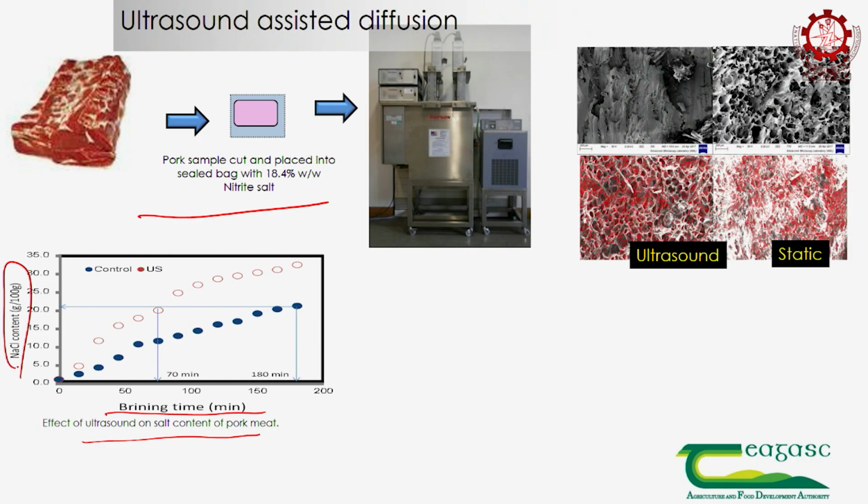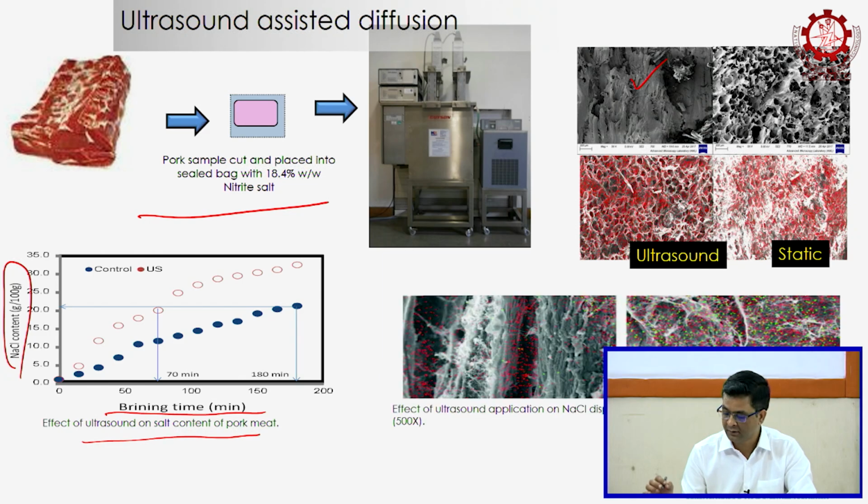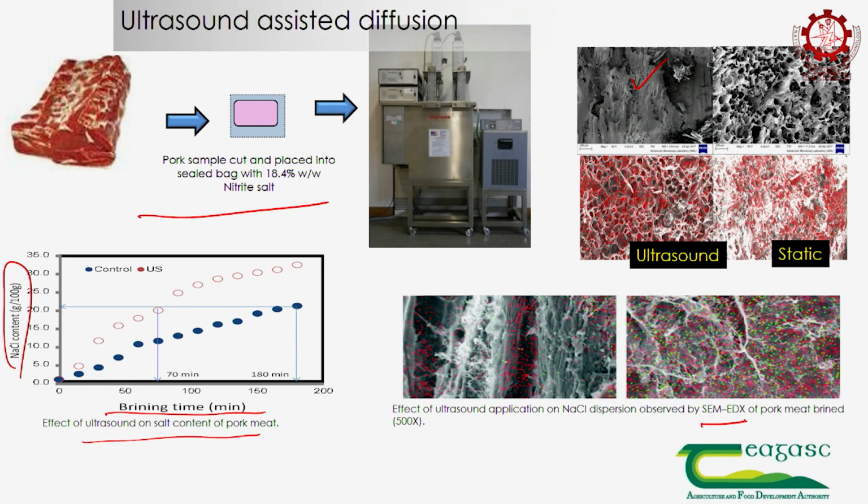And then how it happens, this is the interesting part. This is the surface of a meat. When we give ultrasonic treatment, if you get proper SEM images, you will see the surface becomes porous. These are not big pores, these are micropores because of ultrasound. That is why we call it sonoporation, and these red dots are sodium chloride measured using SEM EDX.